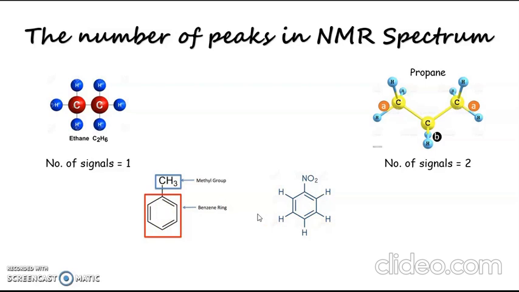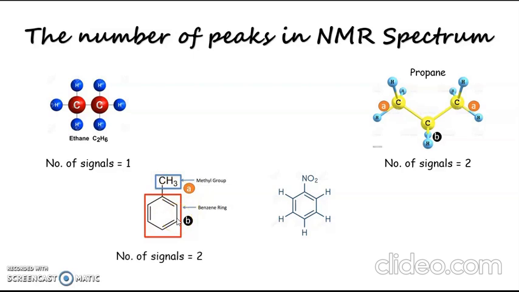However, the ring protons are little affected by the alkyl group, and the 5 protons of the benzene ring are nearly equivalent when considering alkyl groups. So, in toluene, we will observe 2 peaks. One corresponds to the methyl protons and the other corresponds to the aromatic protons, giving a total of 2 signals.